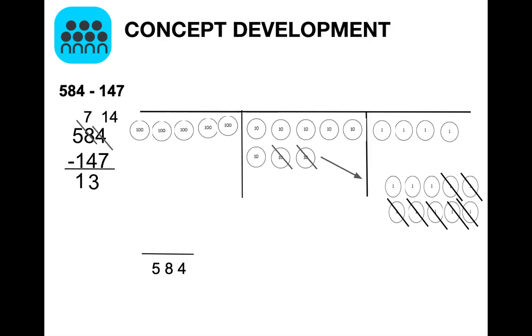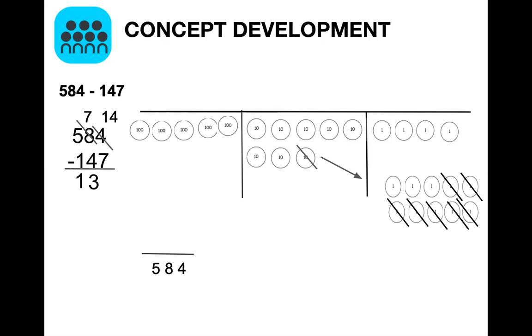Excellent. Sorry, our clicking and my counting is not really adding up, and that's our animation. So just give us a little bit of a break. Okay, so now can we take out our 10s that we need to take out? Yep, because I can take 4 10s from what was left from our 8 10s. Perfect. And now I needed to take one of my hundreds because my 147 has 100.